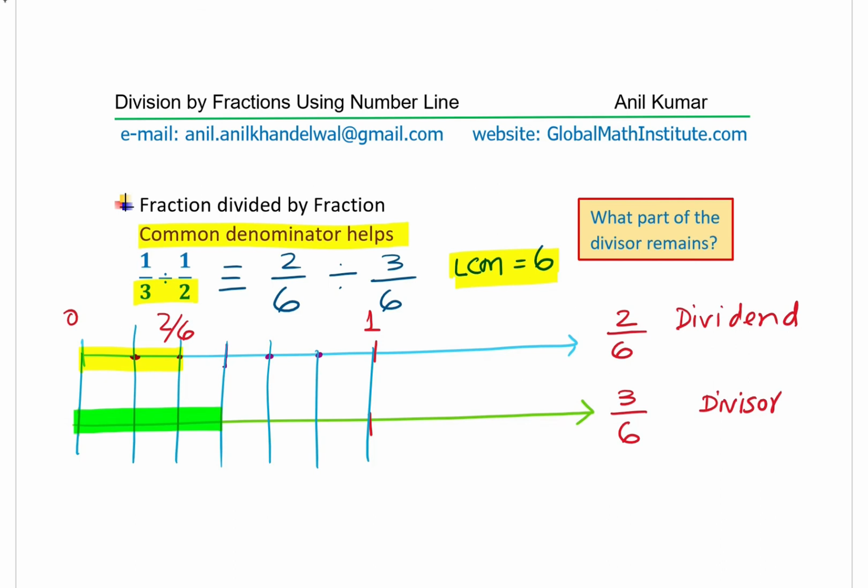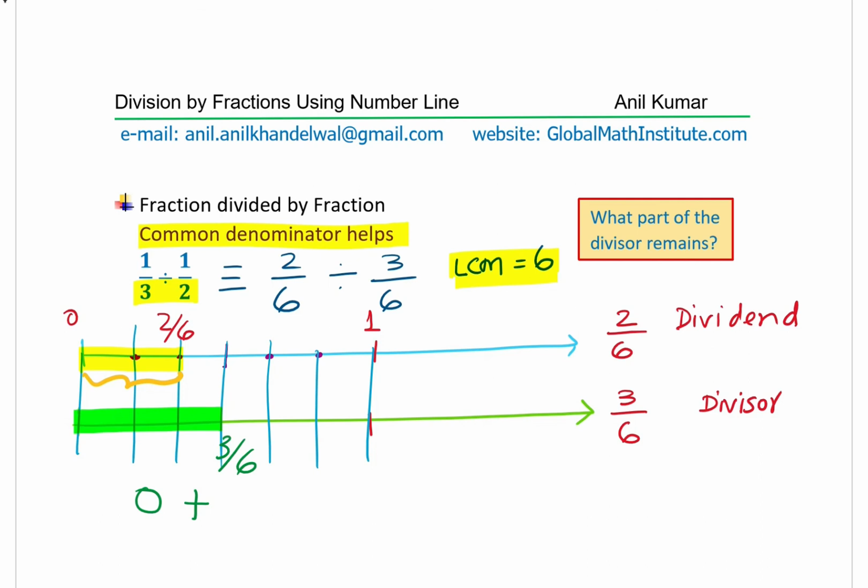So this is 3 out of 6. Can you divide? No, the divisor is bigger. So when you do this, we get 0 plus what remains. The whole thing remains, right? So the whole thing remains, 2 out of 6.